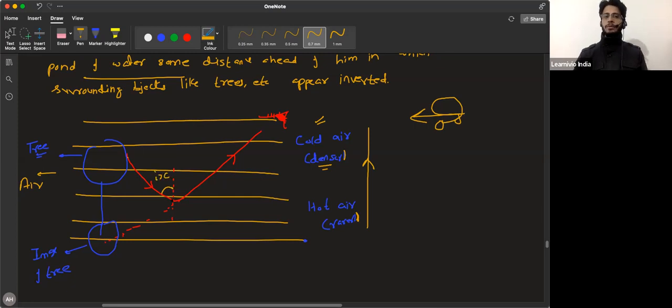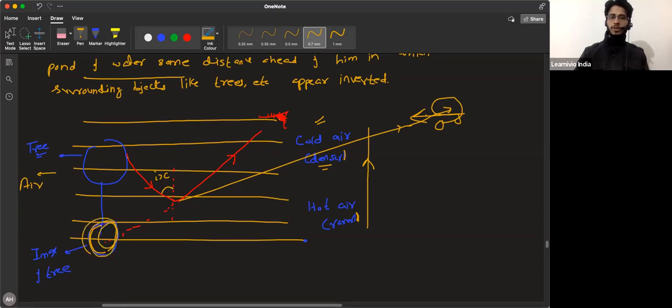So the ray will reflect back into the same medium. If these rays are going to your eyes, then you will observe that the image of the tree is on the ground.